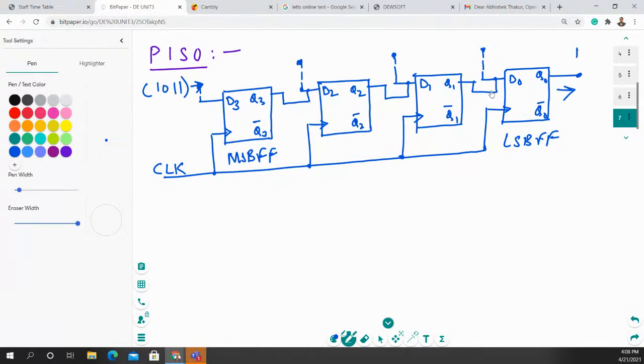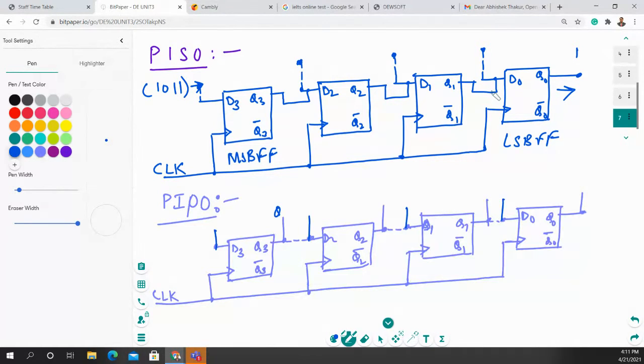Next configuration is parallel input, parallel output. Represent these things with different colors. So this is Q3, Q2, Q1, and Q0, and we can check the input as D0, D1, D2, and D3 inputs.